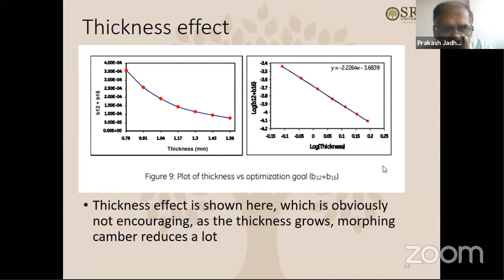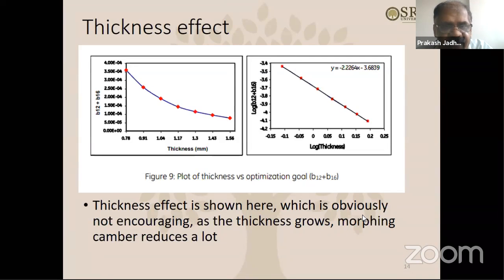So this thickness effect was very important for us because although we were trying the panels at only 6 plies thick, that's why it was showing very promising results. Now we understood that if we go to the real thickness of the blade, we are worried about how much morphing camber is going to show.